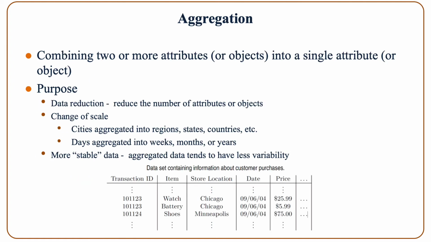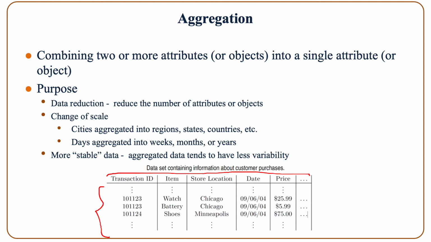Aggregation is to combine 2 or more attributes, meaning columns, or objects, meaning rows, into a single attribute or object. The purpose is to reduce the number of attributes or objects, or to change the scale. For example, cities could be aggregated into regions, states, or countries.